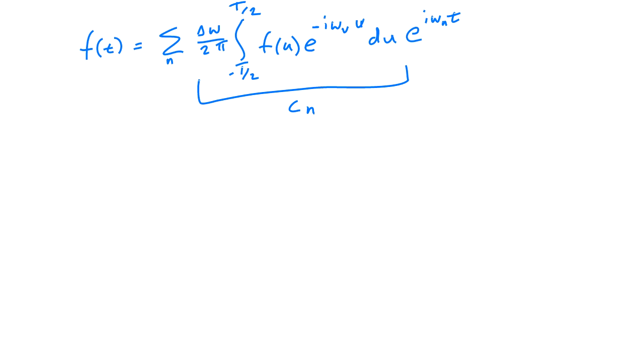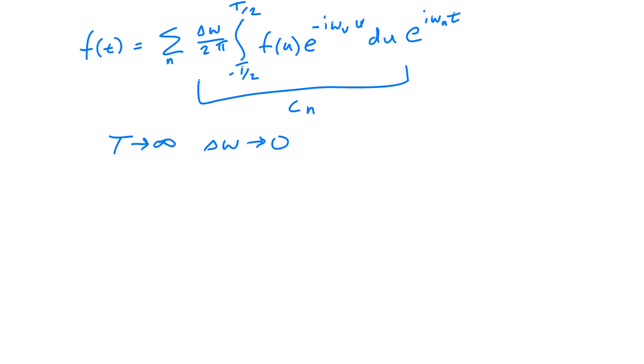Now what we can do with this is look at certain extremes. If we take T to infinity, since the definition of delta omega is 2 pi over T, then as T goes to infinity, delta omega is going to go to 0.